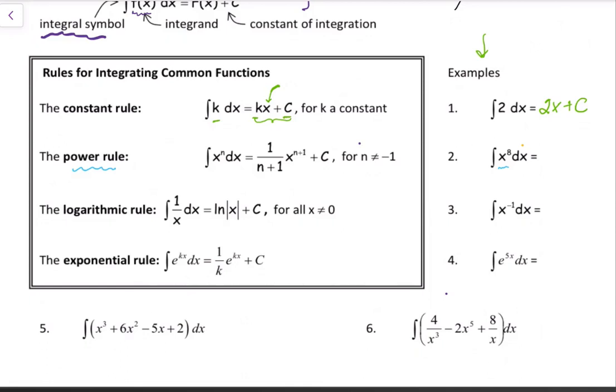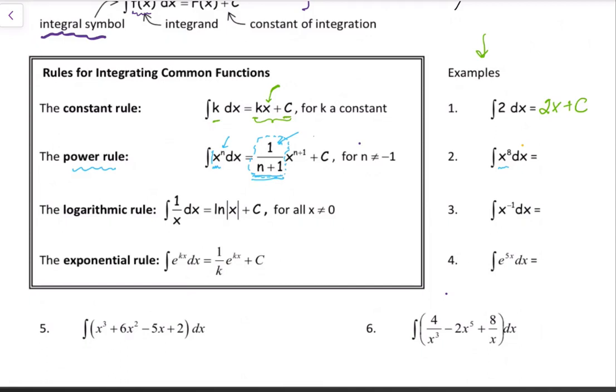The rule says if I have a term that's written as a coefficient, which in this case is 1, my variable and my exponent, the way that I integrate that is the first thing I'm going to do is create my new coefficient. My new coefficient is going to be the old coefficient, which is 1, over n plus 1, where n was the old exponent.